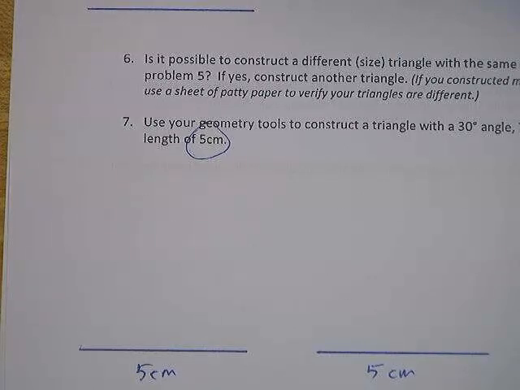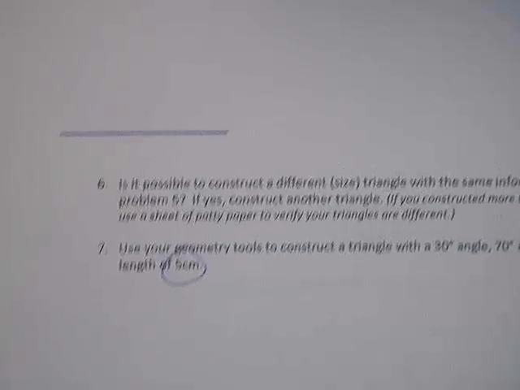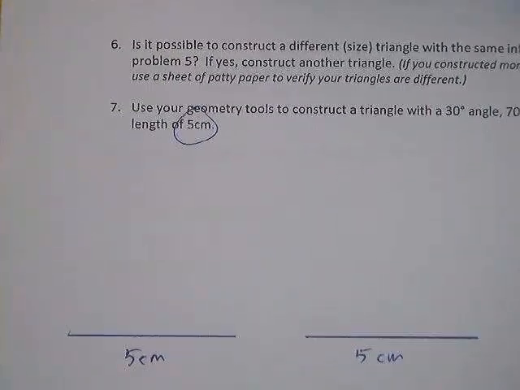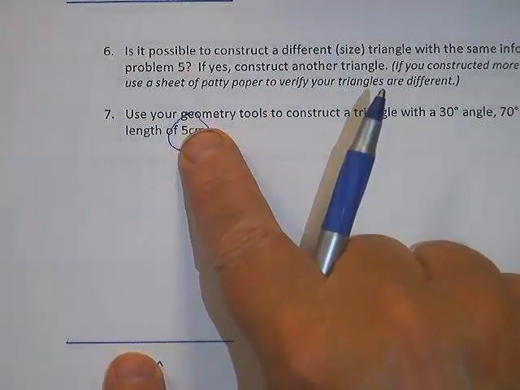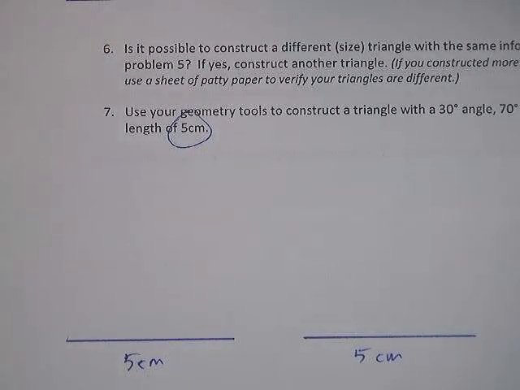So if you weren't sure how to get started, this is how I would suggest starting. Just draw some arbitrary length here, make sure the lengths are 5, since that's the length that you're supposed to have, and then try to build the triangle from there. So hopefully this is enough information to continue the construction if you were stumped. And again, when you're ready to continue, turn the video back on.